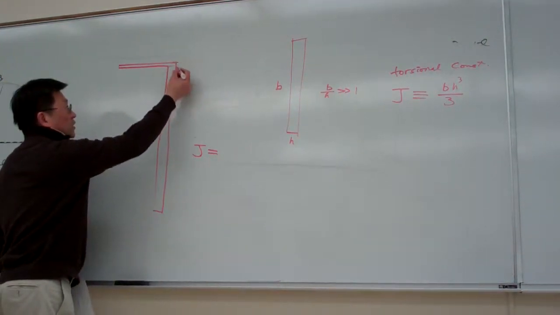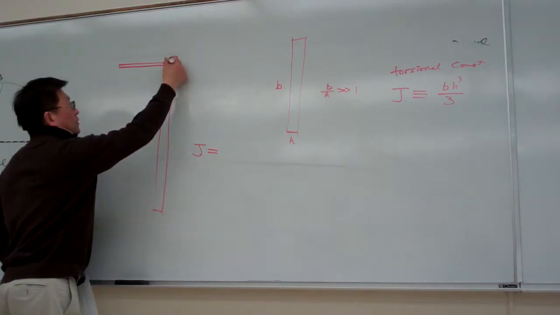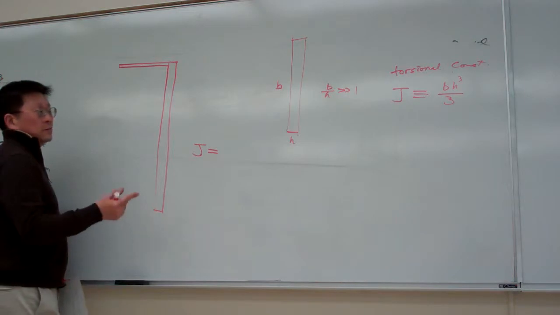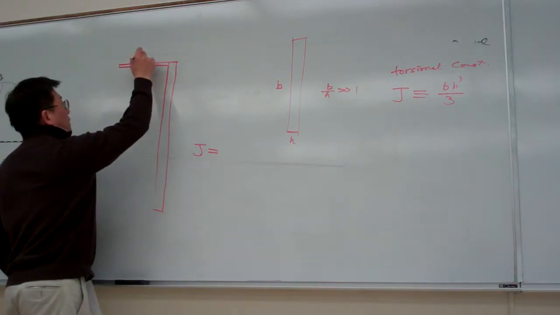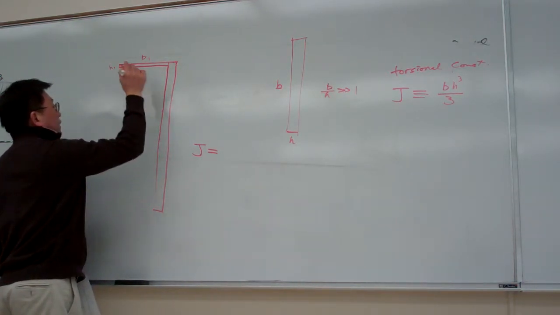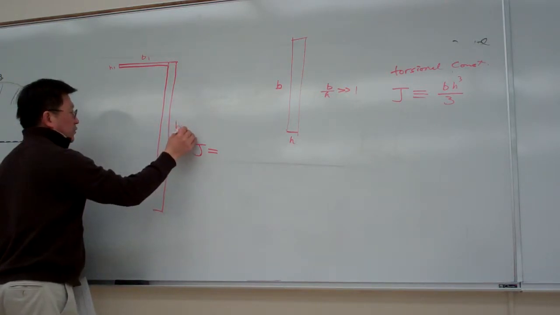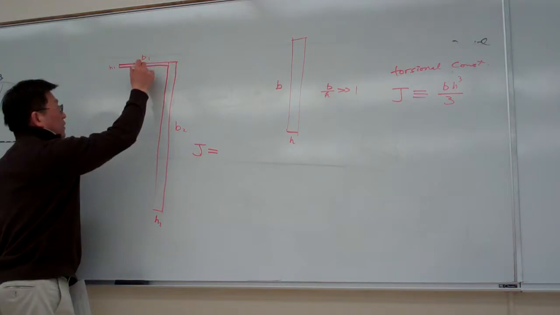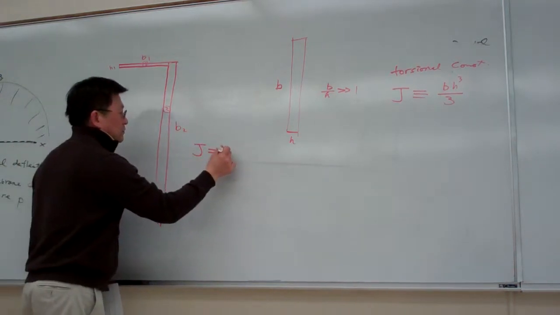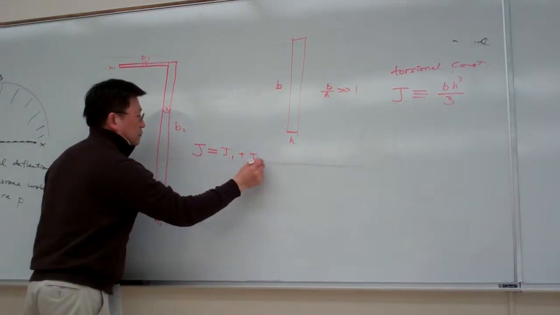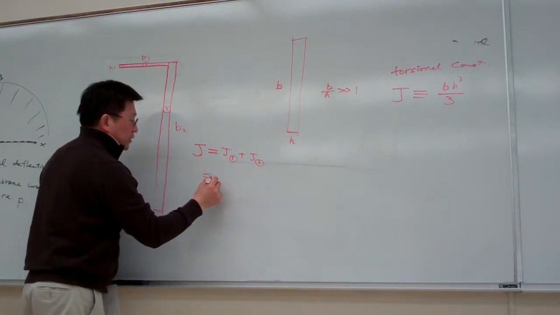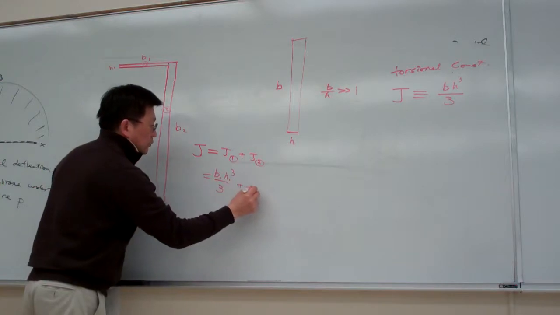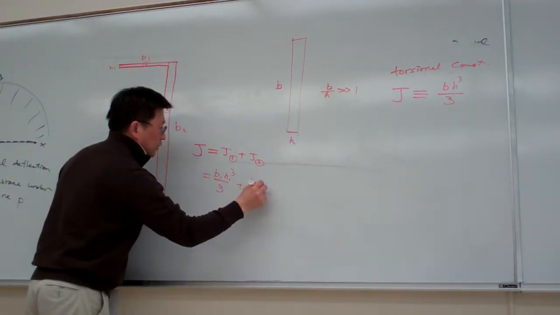If you split it this way or this way, I don't care. Only small pieces there, I don't care. Say this is B1, this is H1, and the lower side is B2, H2. That's simply a summation of this piece plus this piece: one third B1 H1 cubed plus one third B2 H2 cubed.